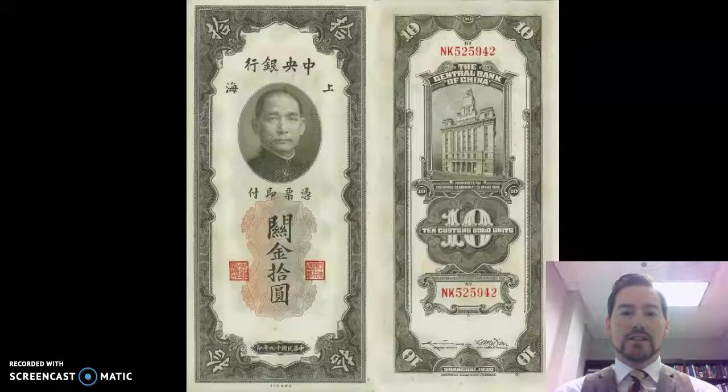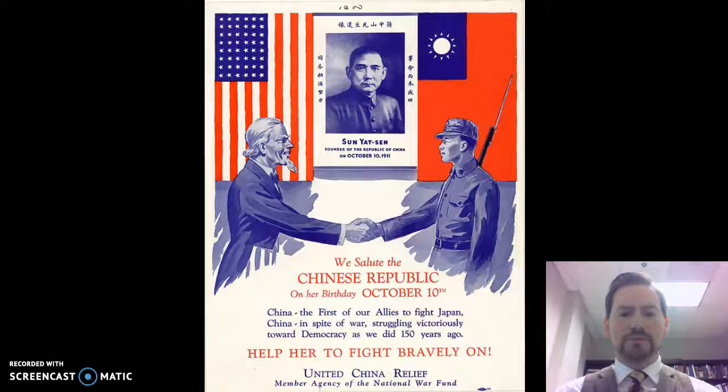You actually see in the United States during World War II a propaganda poster with the American Uncle Sam shaking hands with a Chinese soldier, and you can see Sun Yat-sen in the background. So his legend continues after his death, and he becomes this icon of what China became after the dynasties were over.